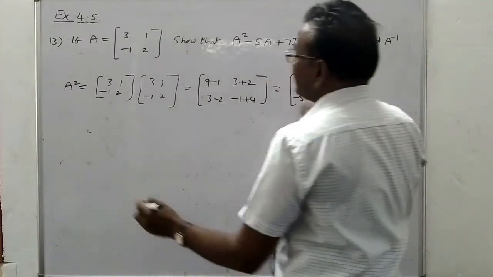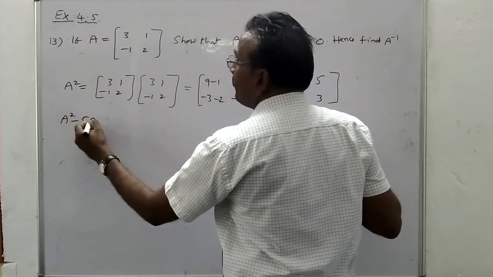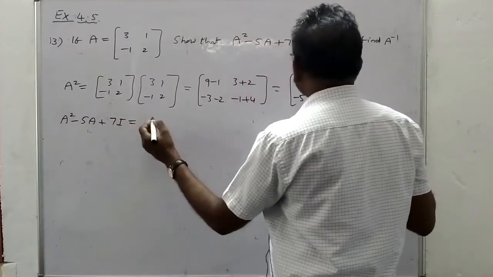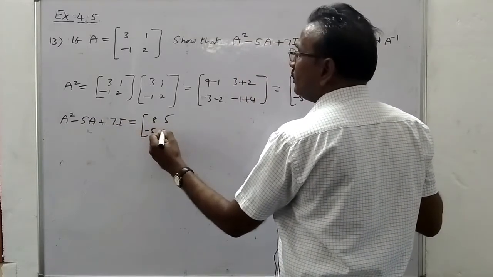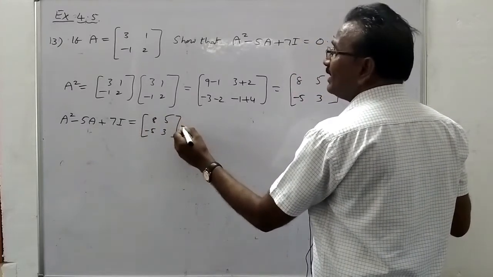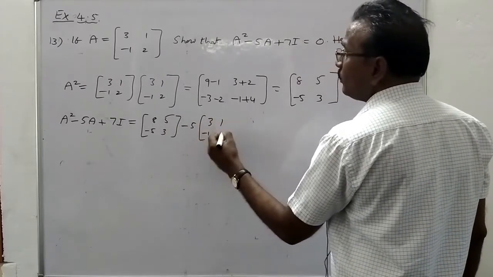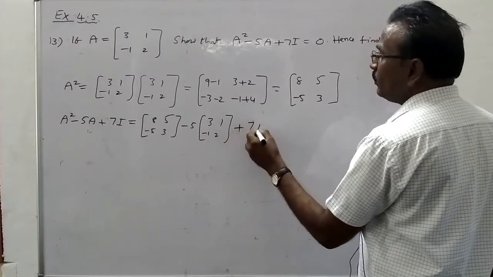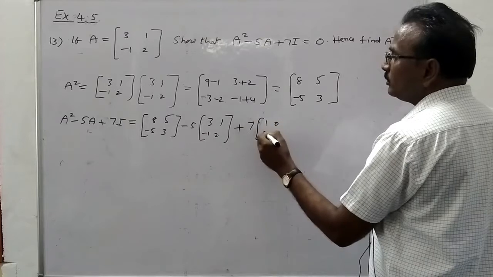Now consider the LHS, A square minus 5A plus 7I. What is A square? [8 5; minus 5 3], minus 5 into matrix A, [3 1; minus 1 2], plus 7 into I, the identity matrix of order 2, [1 0; 0 1].